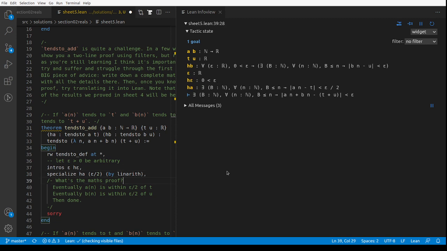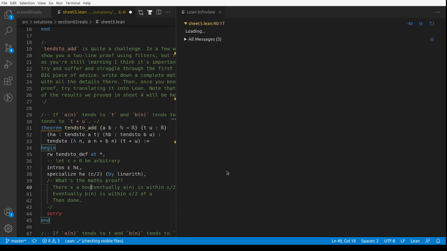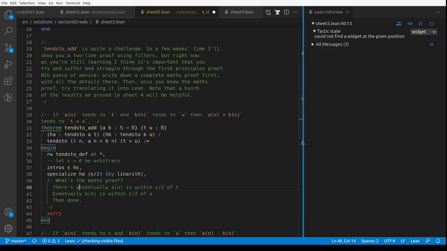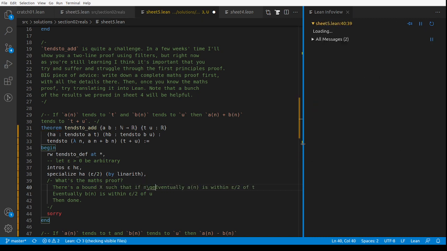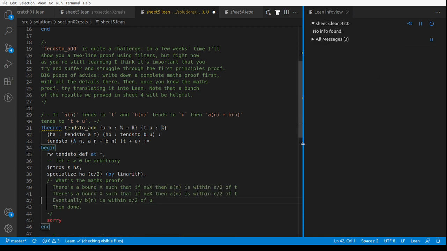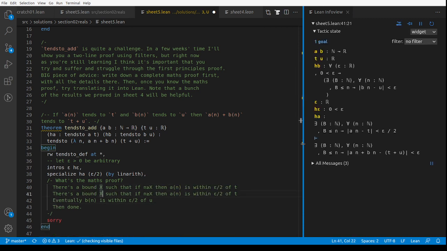So let's make this maths proof a bit more precise, right? Let's give ourselves some more room over here. There's a bound, I don't know, x, such that if n is at least x, then an is within epsilon over 2 of t. And similarly here, there's a bound y, such that if n is at least y, then bn is within epsilon over 2 of u.